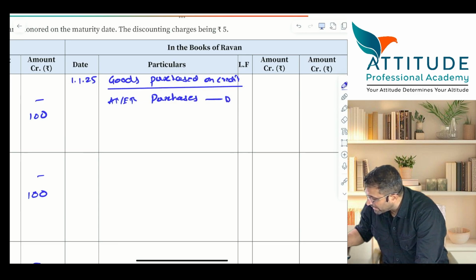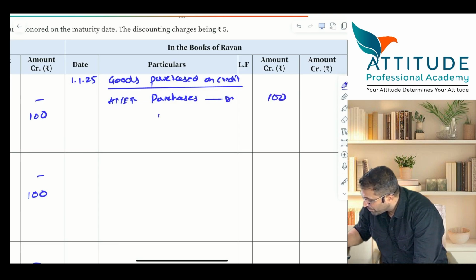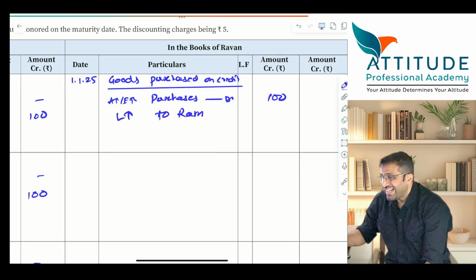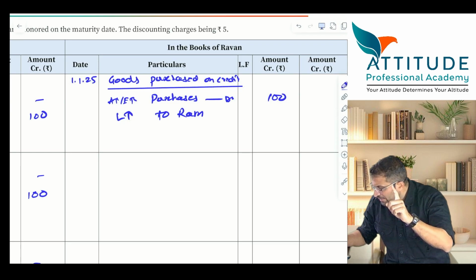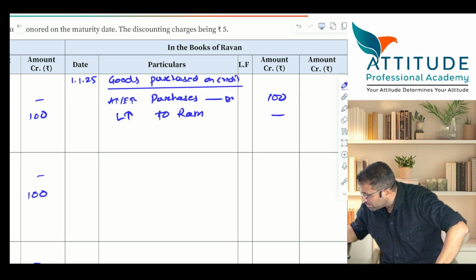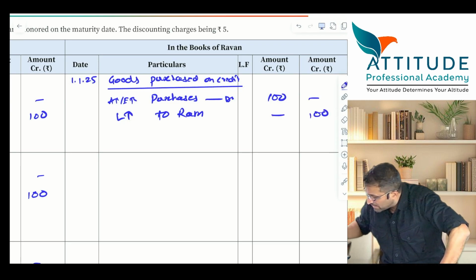Purchases account debit, 100, to liability increases. Are you keep on repeating here? How many times should I say? You should always say asset increases, liability increases. Say it, asset increases.